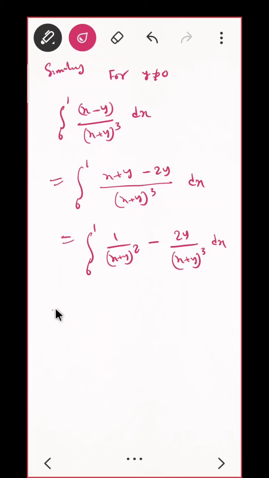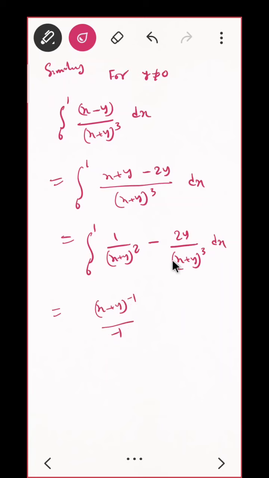Now, this was the main issue for this function. Take the integration. What will be the integration of this? That is minus 2, no? So minus 2 plus 1, that is x plus y raised to minus 1 upon minus 1. And what about here?